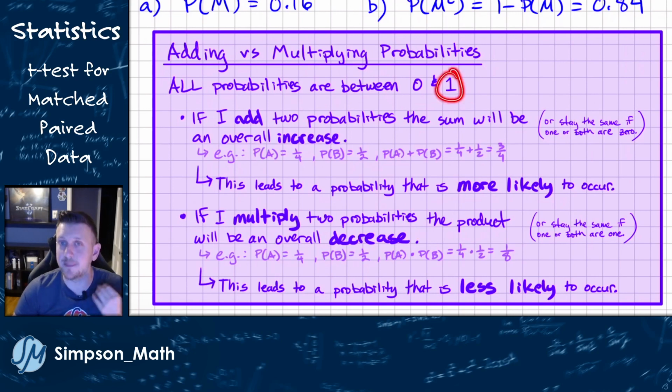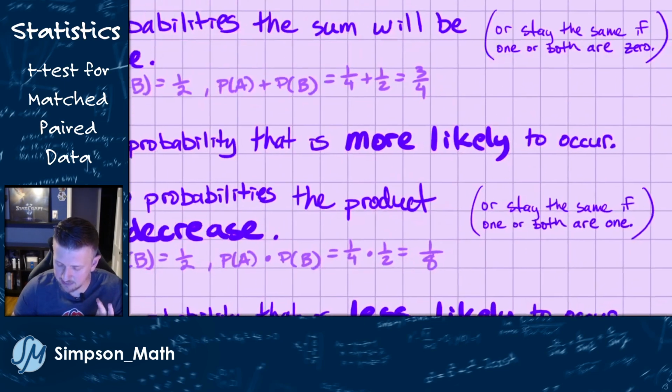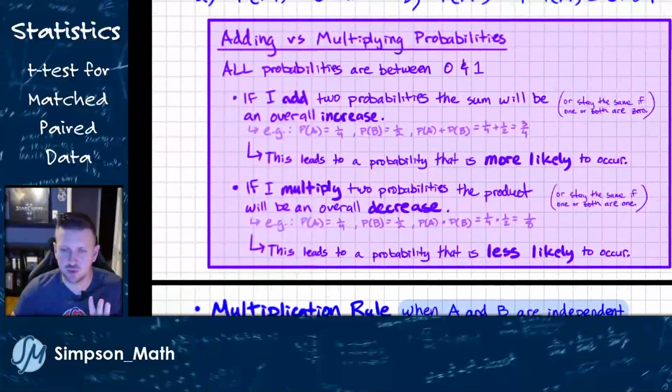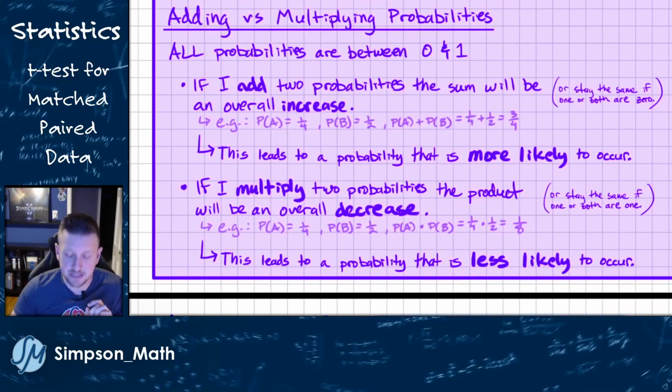But the big thing is they're not bigger than 1. If they were bigger than 1, then they might get bigger. They could stay the same if one or both of them are 1, because when you multiply by 1, it doesn't change. That's just a trivial note. So if I'm multiplying two probabilities and the probability is decreasing, that means it's leading to a probability that is less likely to occur, harder, rarer, less likely to occur.